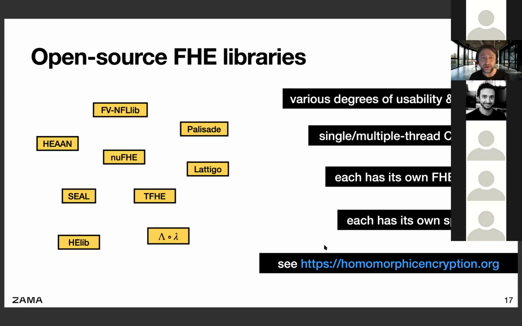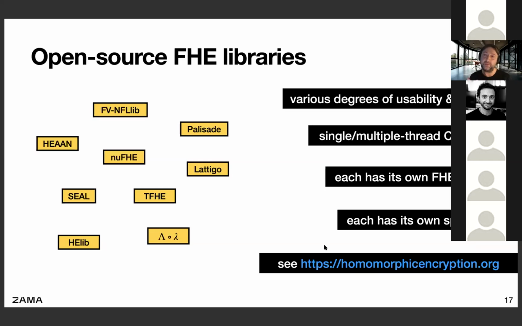We're quoting a few of them here. Probably the most famous ones are HElib, which originates from researchers at IBM, and Microsoft SEAL as well. A few others, like GNU-FHE, for instance, is actually implemented on a GPU. Lattigo, which is implemented in Go, and so on and so forth.